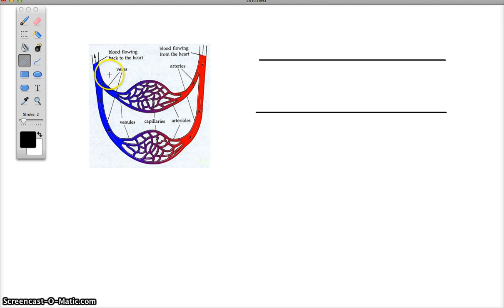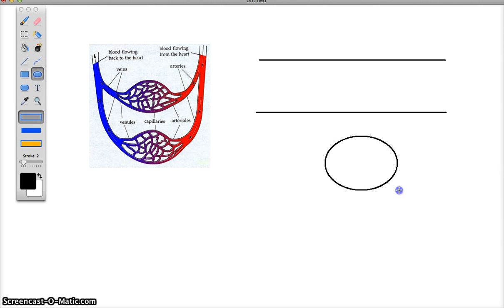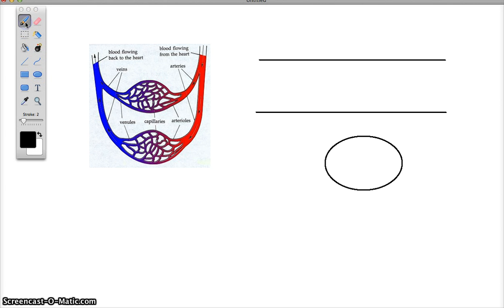Okay. So we say that they're in direct contact with our cells. I'm going to draw a little cell right out here, and he's going to be a hungry guy that's going to need a lot of oxygen. And as it's performing all of its metabolic processes, it's going to be giving off waste products like CO2.